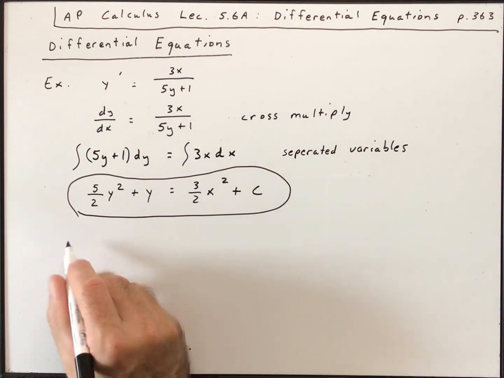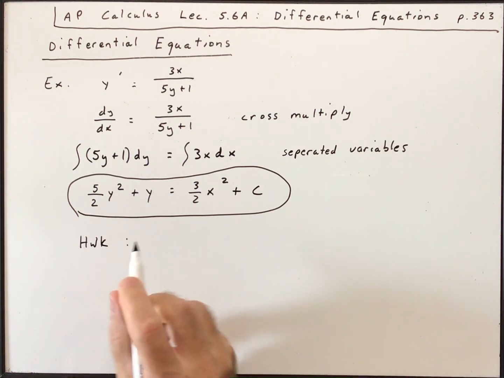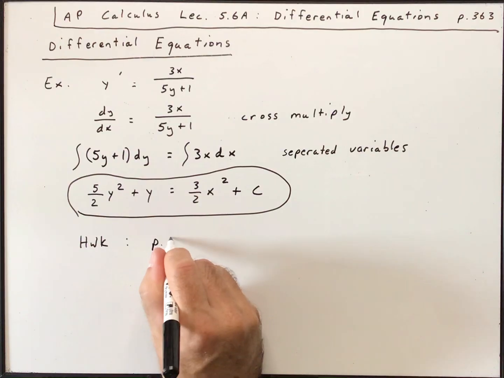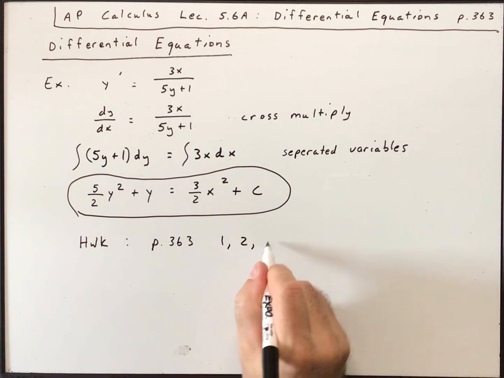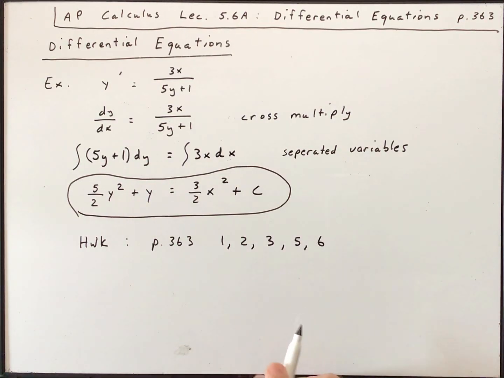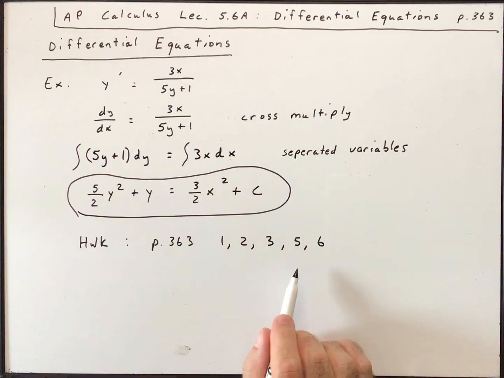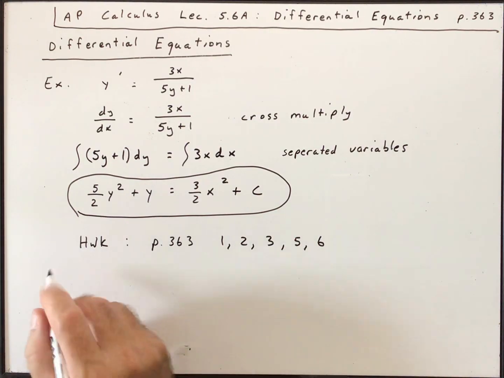All right, so the homework is on page 363. It's 1, 2, 3, 5, and 6. Of these, the separation of the variables is not too bad, except number 6 is a little tricky.